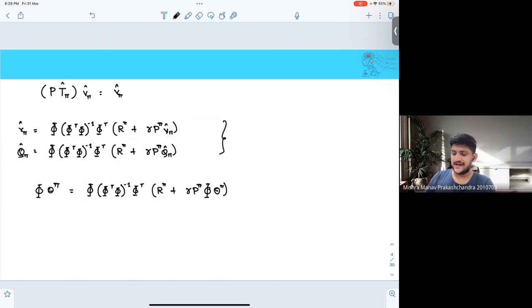Now I have to find the solution for theta pi. So I bring all the theta pi's to the left hand side and take everything else to the right hand side.